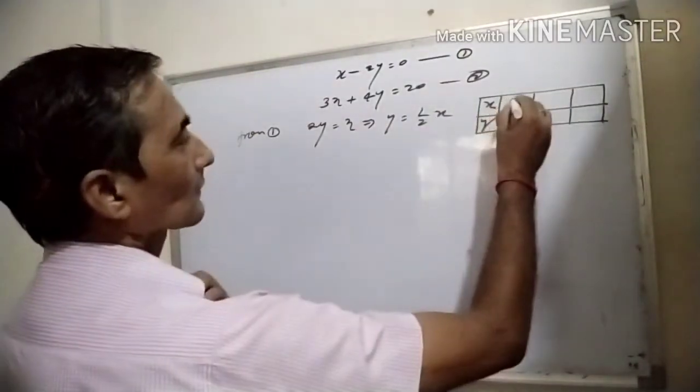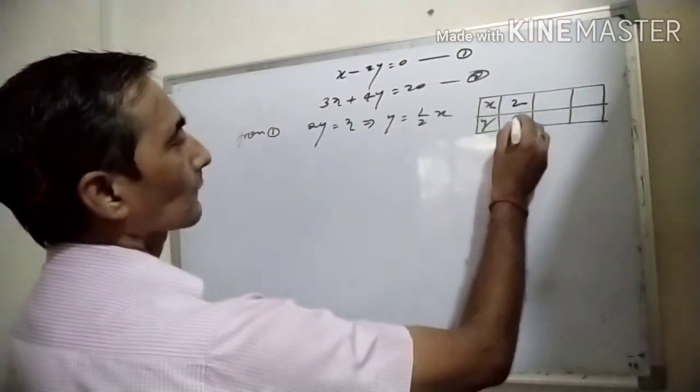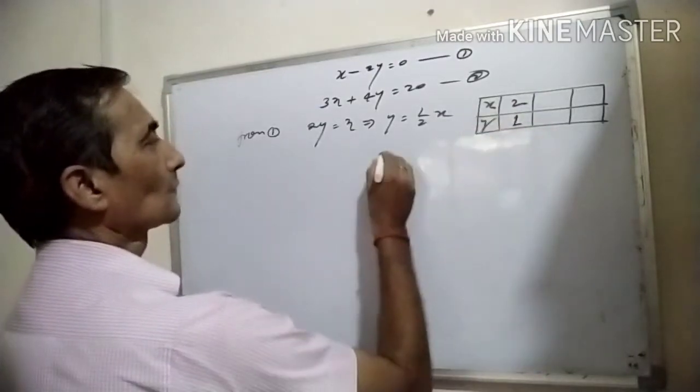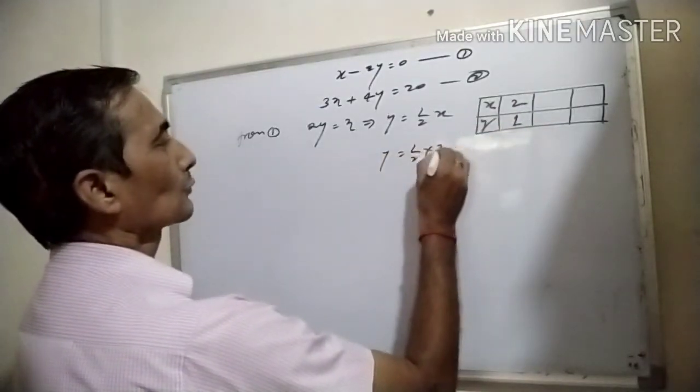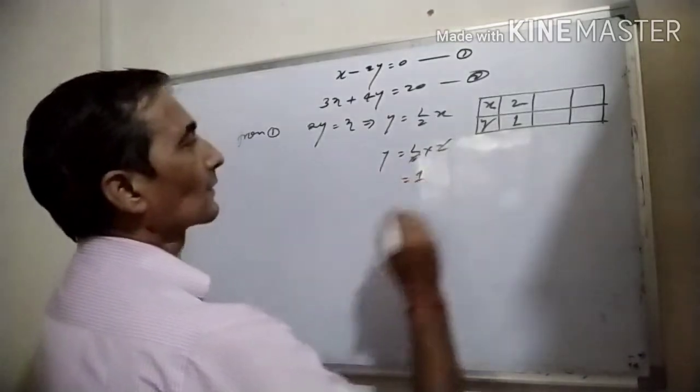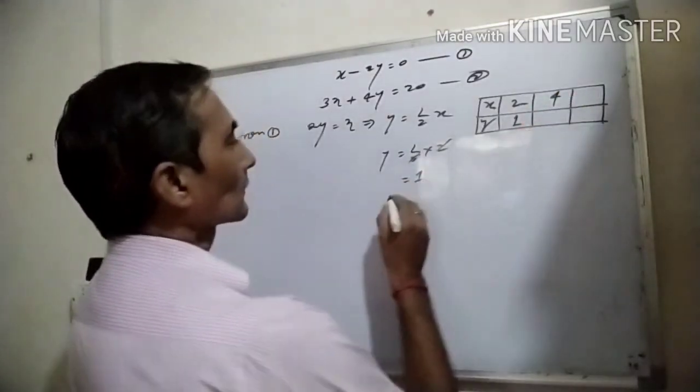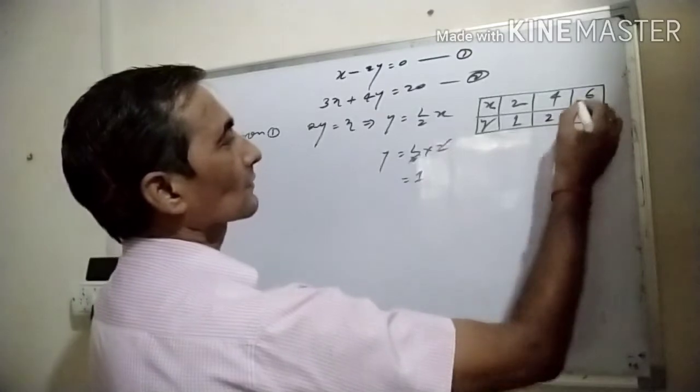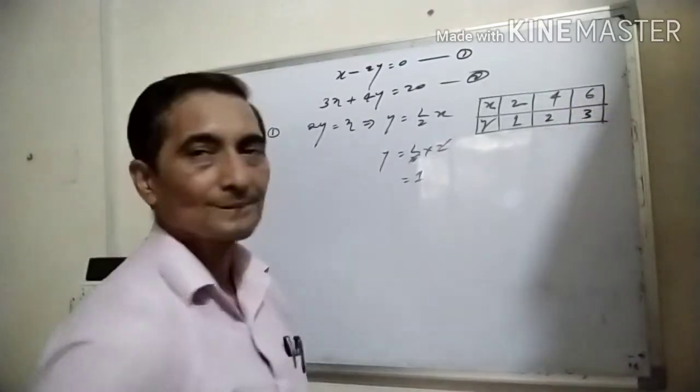Let the value of x equal to 2, then the value of y is equal to 1, since y equals 1 by 2 into 2, cancel, 1. If x is 4, then y is equal to 2. If x is 6, then y is equal to 3.